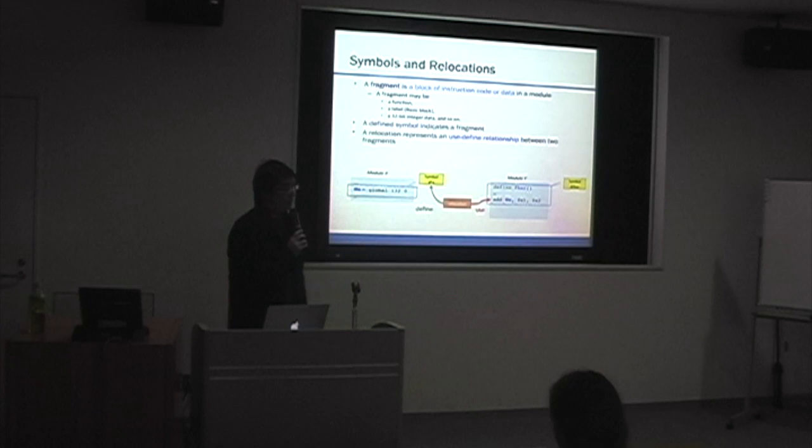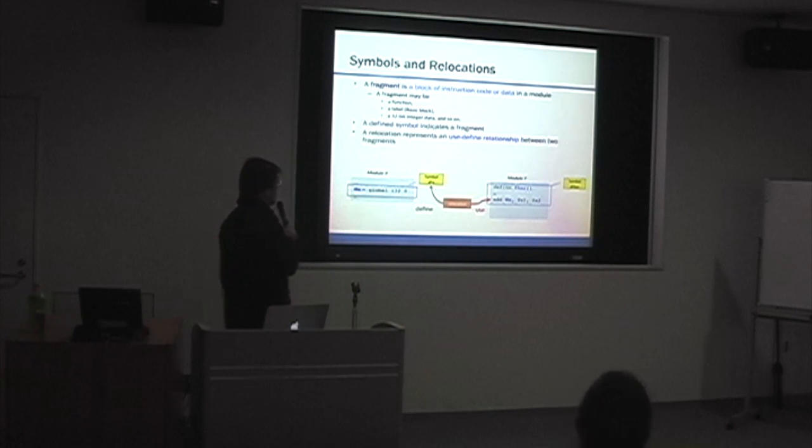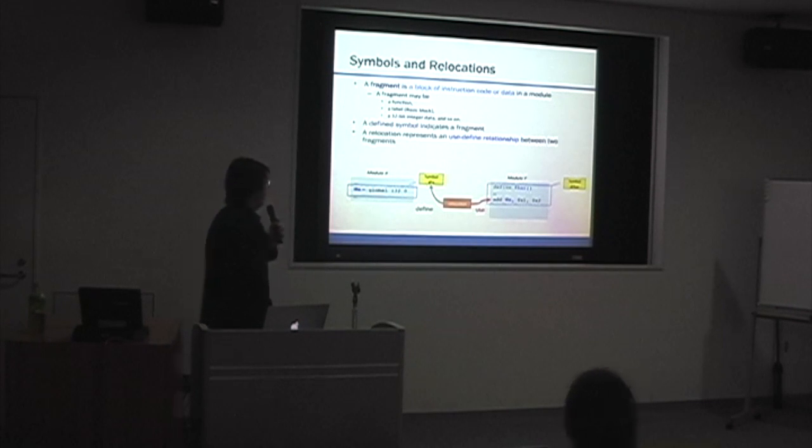So by compiler theory, we know relocation just represents a use-define chain, a use-define relationship. We can call module Y a use fragment and module X a define fragment. And the relocation just represents the use-define relationship between two fragments.